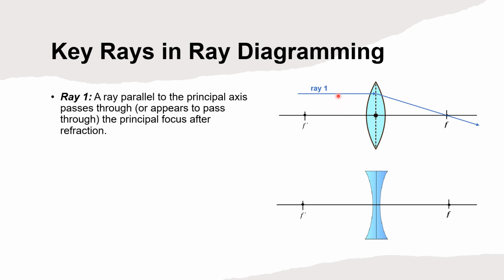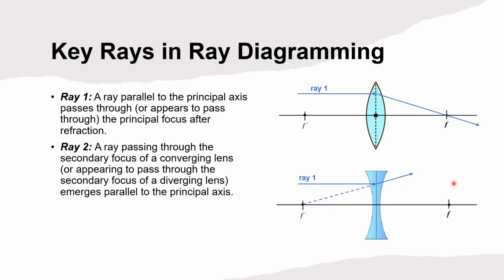So as long as the ray is parallel to our principal axis, it should refract towards the focus. For concave lens, our light ray will be parallel to our principal axis and will diverge based on our focus here. So it will go that way.